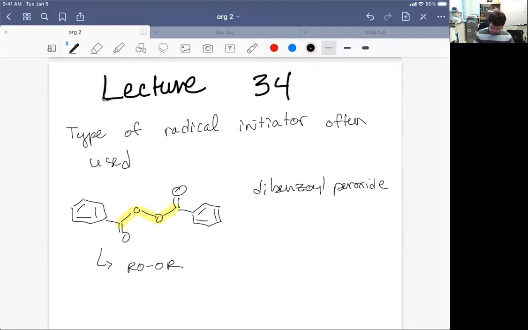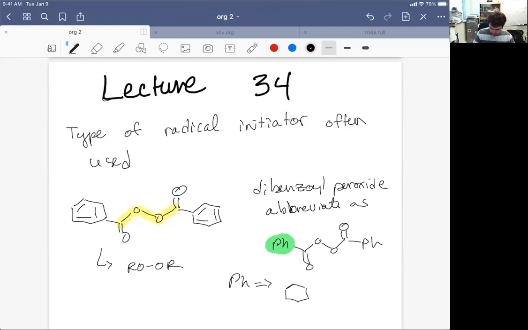Now, I'm not sure if I teach a lot of classes, so I'm not sure if I've mentioned this, but we often abbreviate this as Ph attached to carbonyls, which are then attached to our oxygens, and then Ph, where this Ph corresponds with a benzene ring that's a substituent.